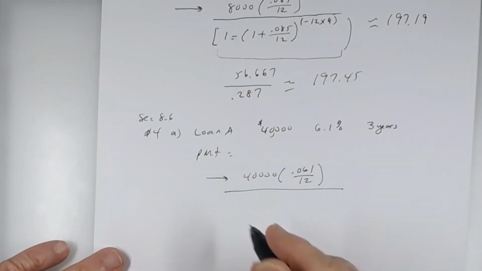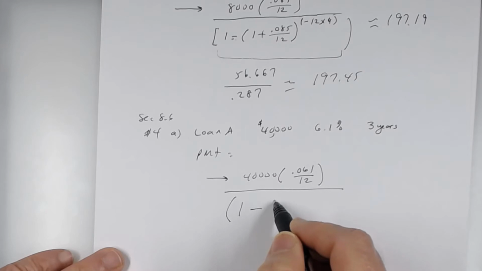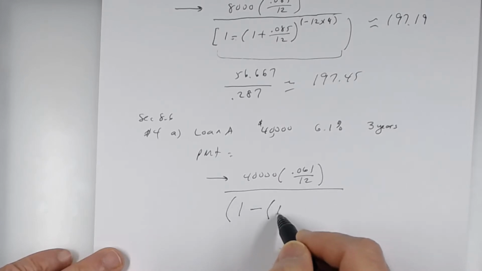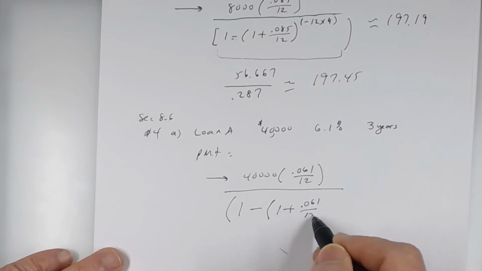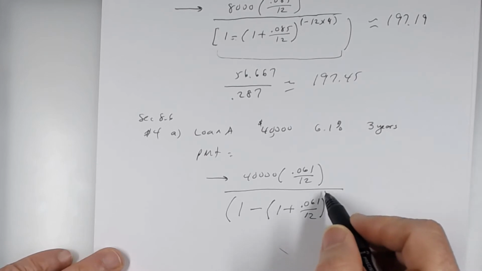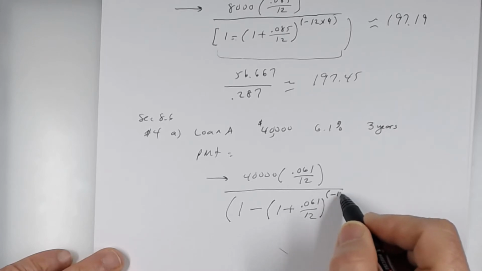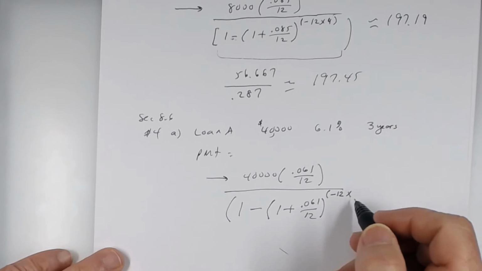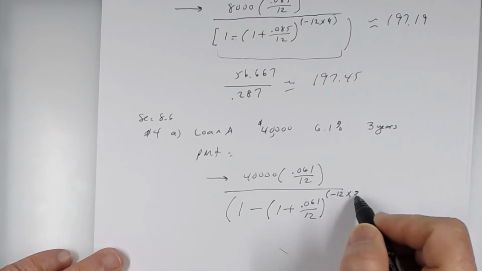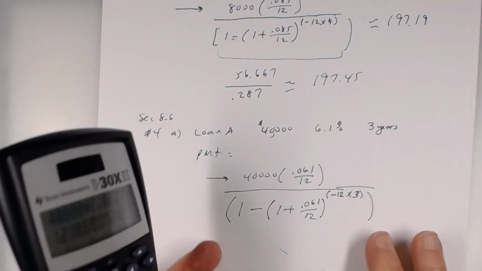Divided by parentheses 1 minus parentheses 1 plus 0.061 divided by N. N is 12. Close the parentheses. Now remember, I'm enclosing a parentheses for the exponent, and that's negative 12 times T. What is T in this case? 3. And then close the first parentheses off.